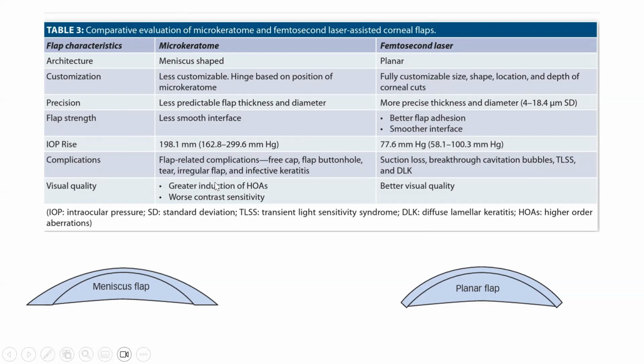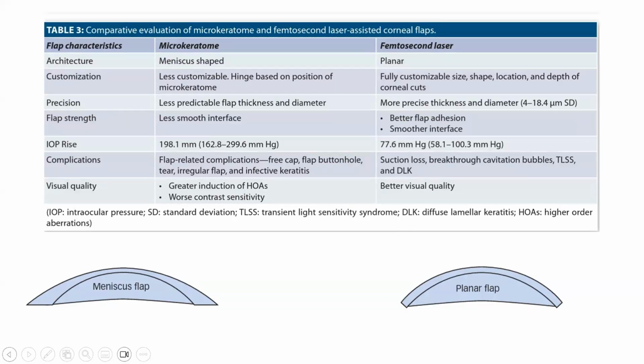Microkeratomes are less predictable, and there is a wide variation in the flap thickness and diameter. It has an uneven interface, whereas the femtosecond laser has a better, smoother interface, which leads to better flap adhesion. The IOP rise in microkeratomes is significantly higher at around 160 to 300 mmHg, depending on which microkeratome is used.